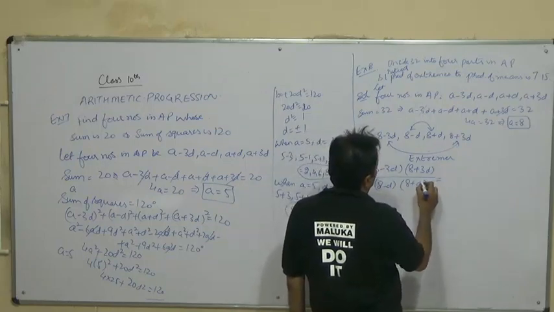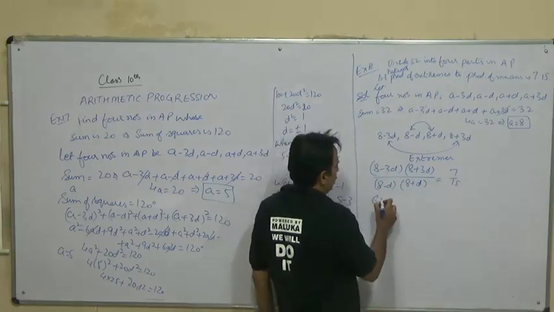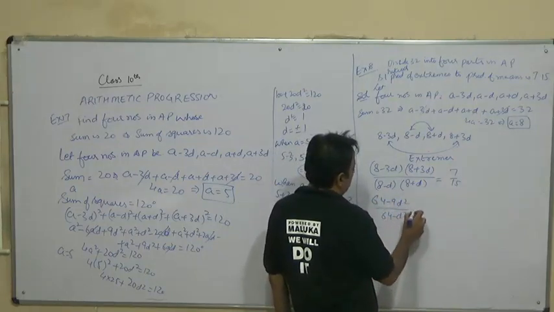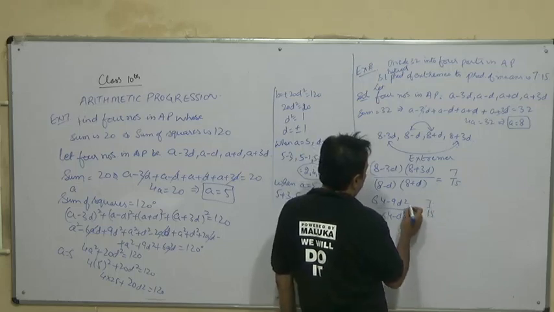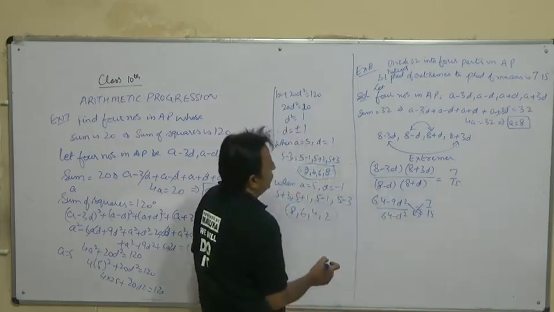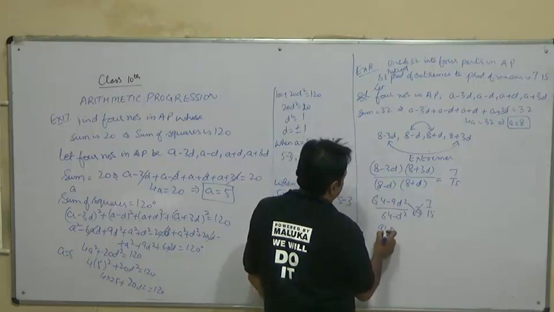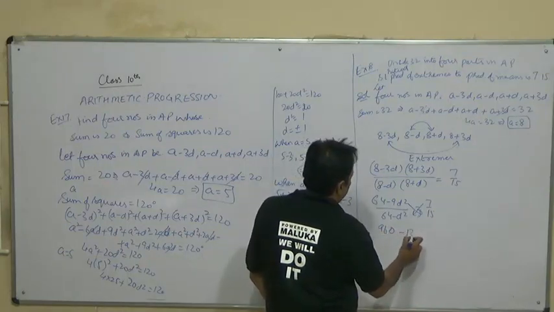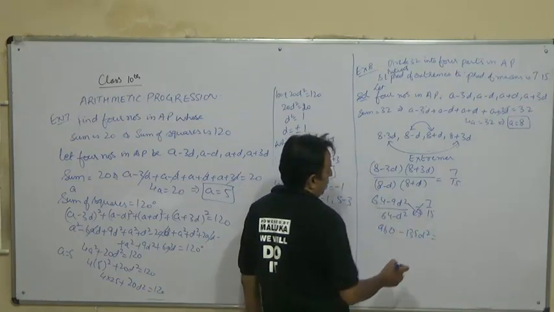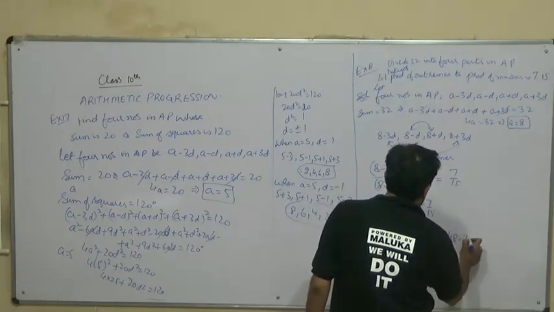is equal to 7 upon 15. So this will be 64 minus 9d square upon 64 minus d square is equal to 7 by 15. Cross multiply it, so you will get 15 into 64, this will be 960 minus 135d square is equal to 448 minus 7d square.